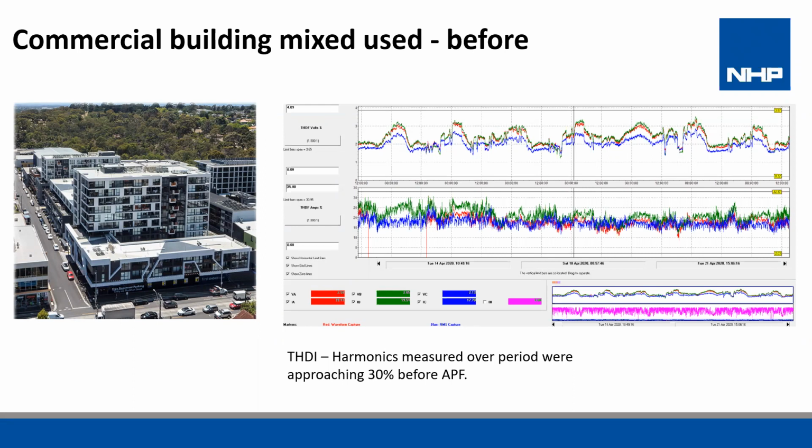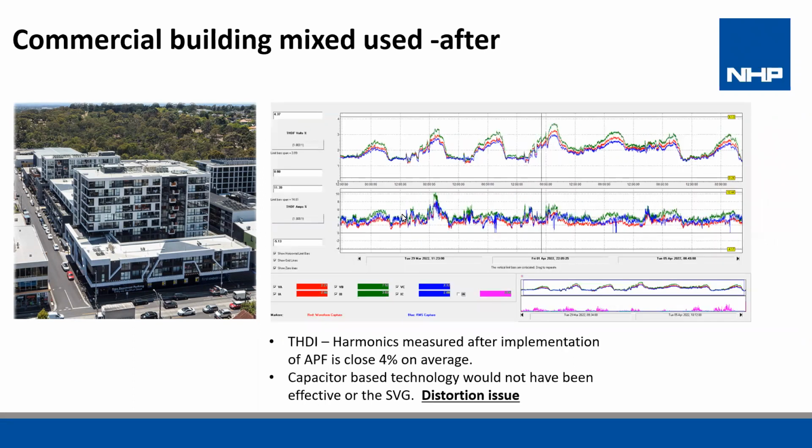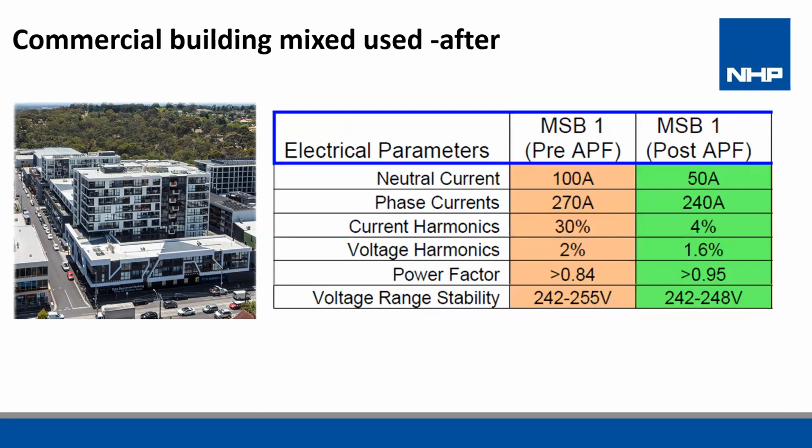So we were then able to implement an APF at the right level. And after implementation, the site now sits with a harmonic current of approximately 4% THDI, leading to an overall healthier installation with a reduction in phase currents and even neutral currents and a better overall power factor.